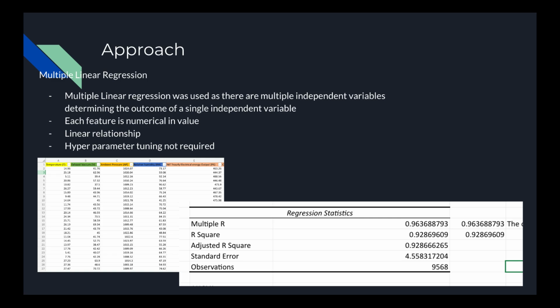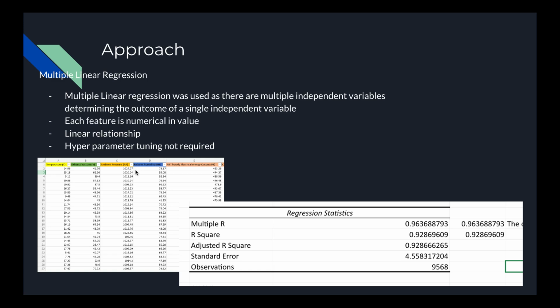So first off, the approach. The approach we took was the multiple linear regression approach. This was used as there are multiple independent variables that are determining the outcome of a single dependent variable. So we've got temperature, exhaust vacuum, ambient pressure, and relative humidity.